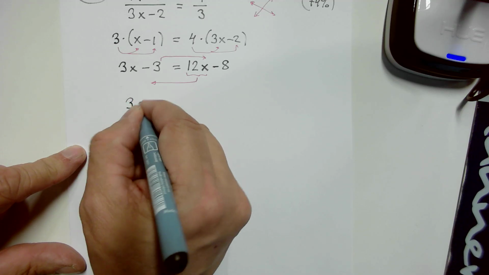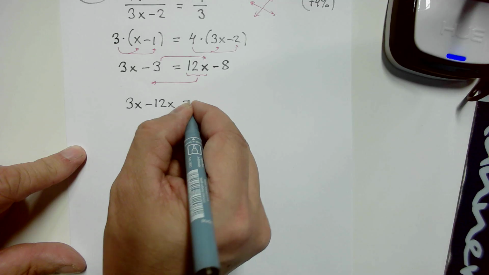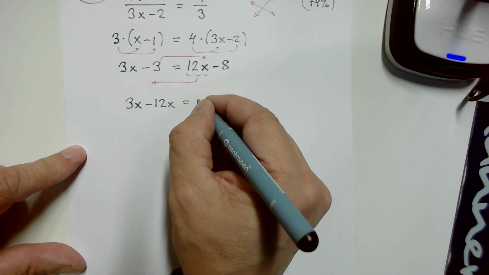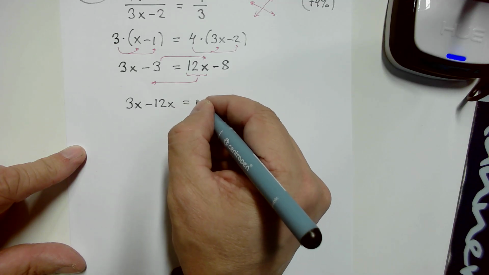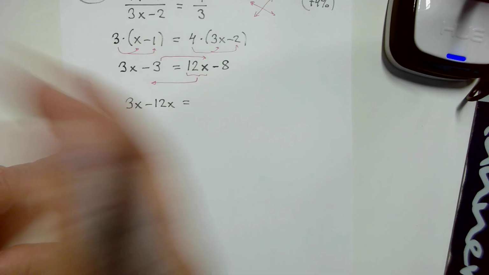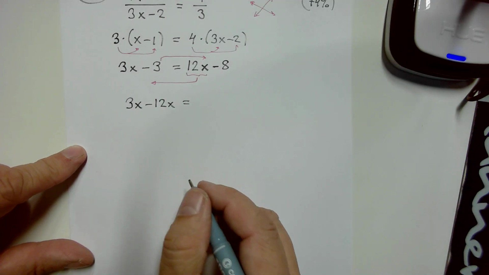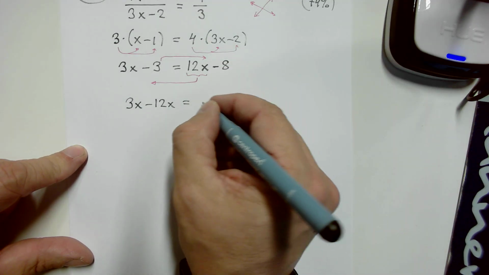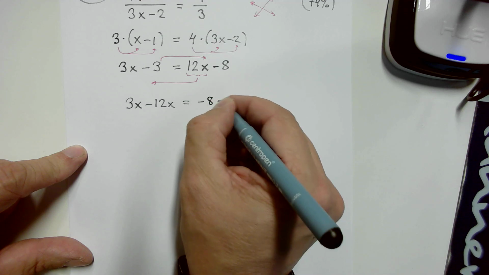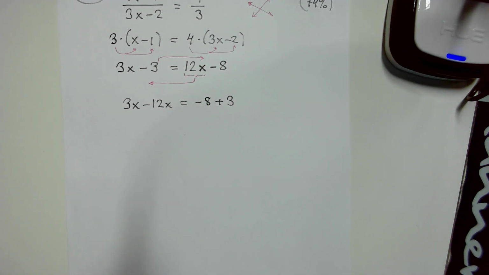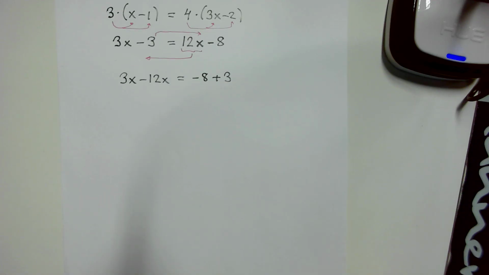X minus 12x. 3 minus 8. Minus 8 plus 3, the same. The order is not necessary, but if I put this minus 8 first, minus 8 plus 3 or 3 minus 8, it is the same thing.